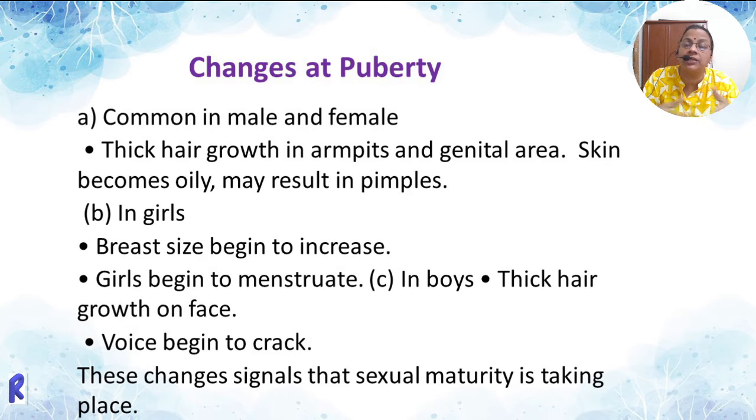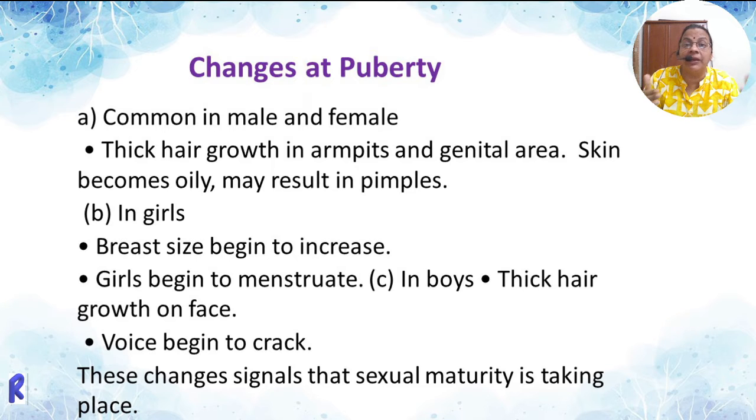In the same way, in girls also, changes occur. So what changes make a girl different from a woman? The girl has almost a childish appearance. From there, once she enters puberty, the size of the breast increases.